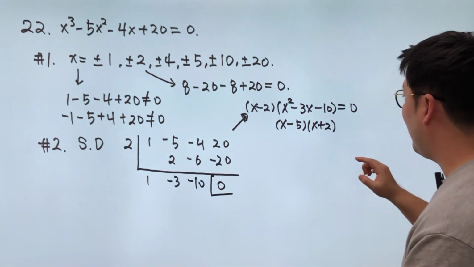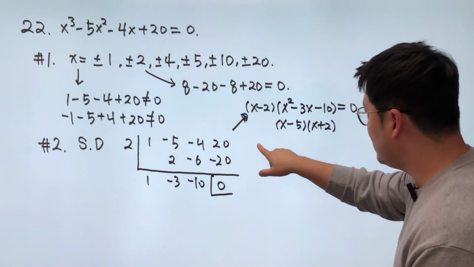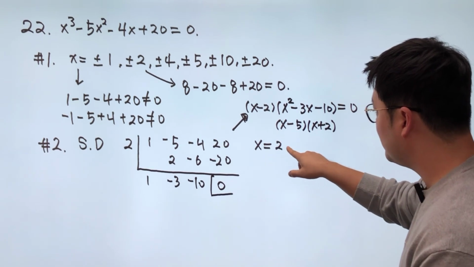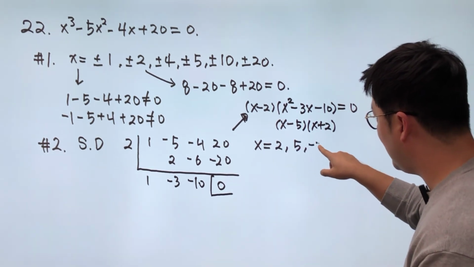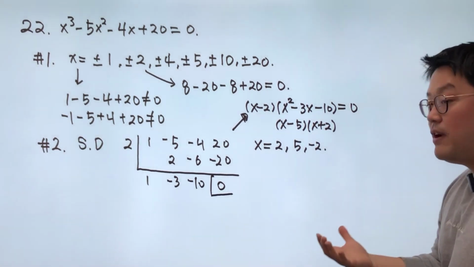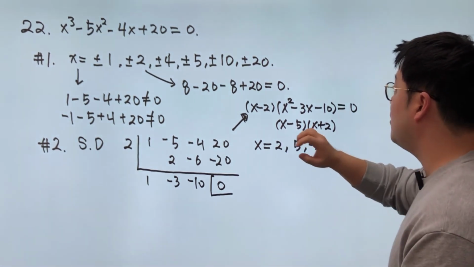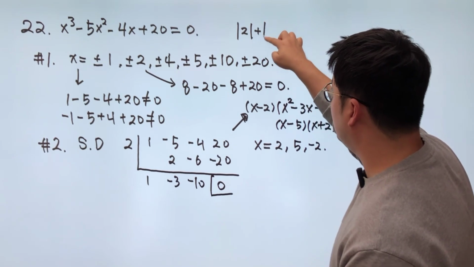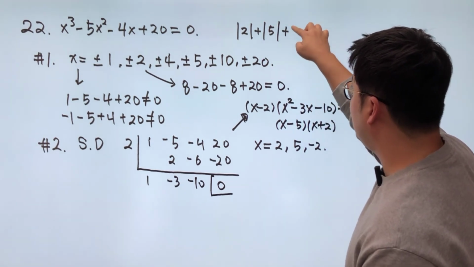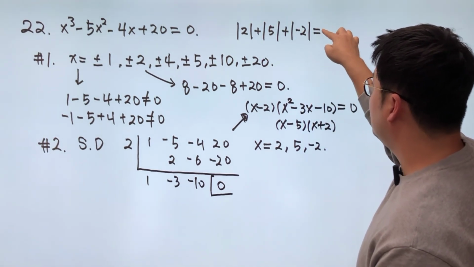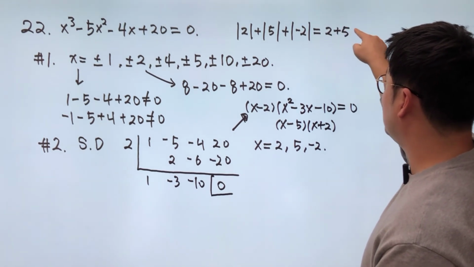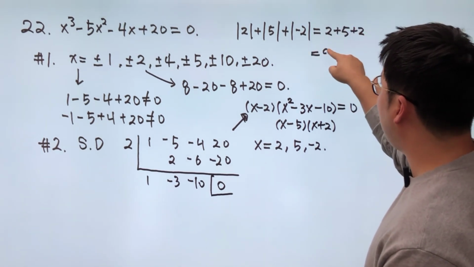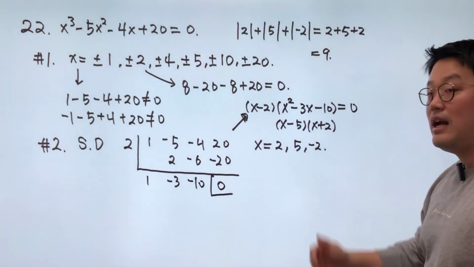So what are the solutions? x equals 2 and 5, and negative 2 as well. To find the sum of the absolute values, that becomes the absolute value of 2 plus the absolute value of 5 plus the absolute value of negative 2. So we get 2 plus 5 plus 2, turning into 9, and that shall be the answer.